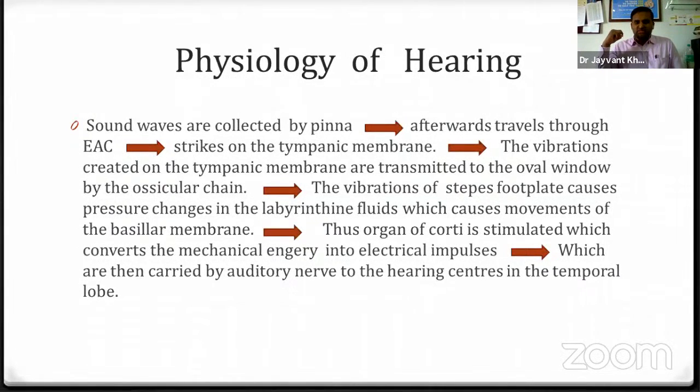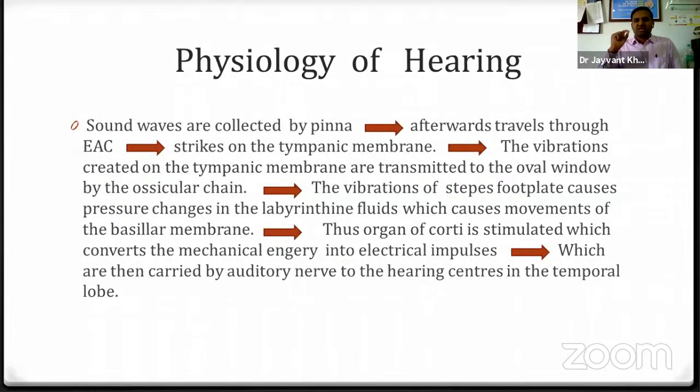Which anomalies are these? We can see it later. But it is important to know the structures. There are three structures in the external ear: auricle or pinna, external auditory canal, and tympanic membrane.